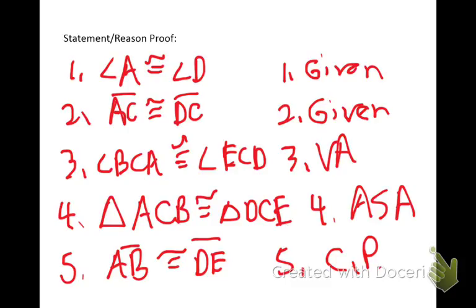Questions? Shatice? So I'm wondering, if we have two angles given, then we use ASA, and if we have two sides, we use SAS? Well, there's going to be another one, I think it's in this section.